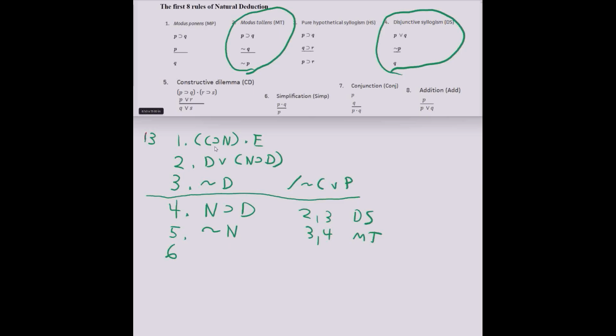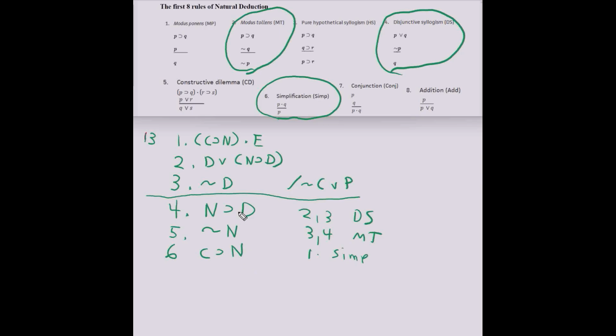And I need to operate on the main connective. So if I get if C then N on its own, I know I can simplify. I can simplify to get if C then N on its own, so I can use not N to get not C, and I can do that using modus tollens. So that's going to be just line 1, because all I'm doing right now is getting this by itself. So just line 1, I can use simplification to get if C then N.